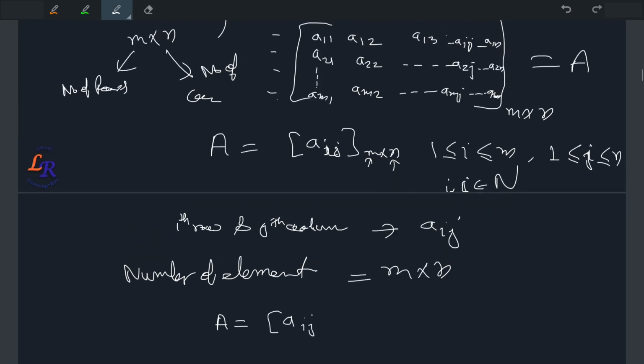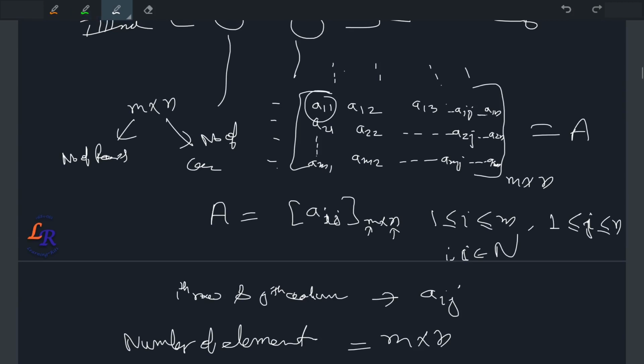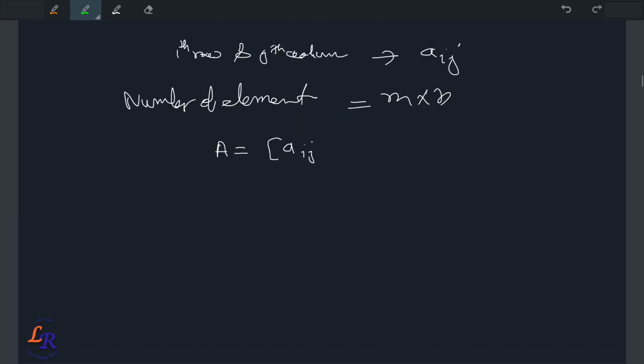So the items like these are called elements of the matrix. And the capital letter, as we said, is going to represent the matrix itself, and the order is written like that. So this is the general notation we are going to follow from now onwards.